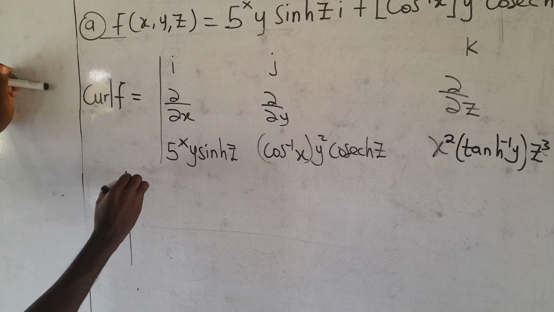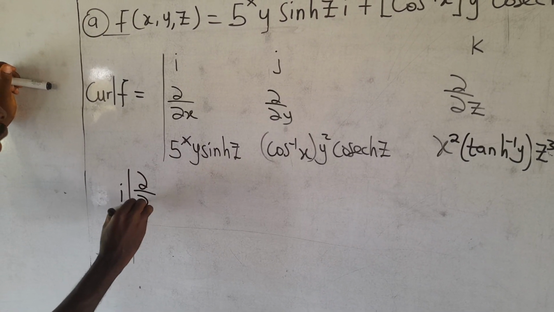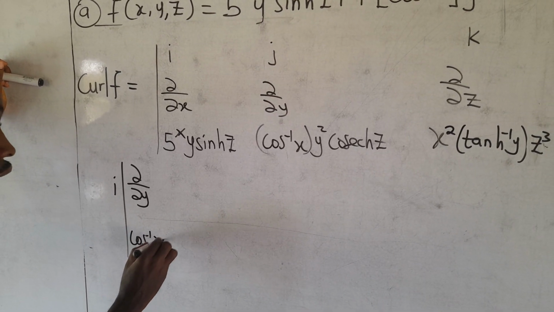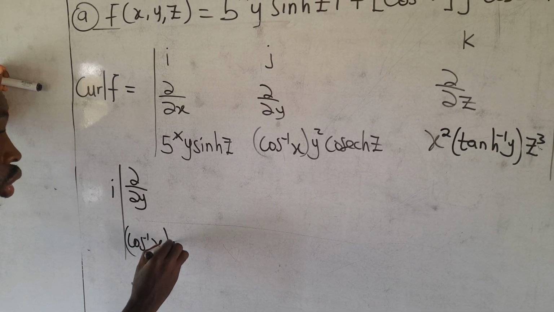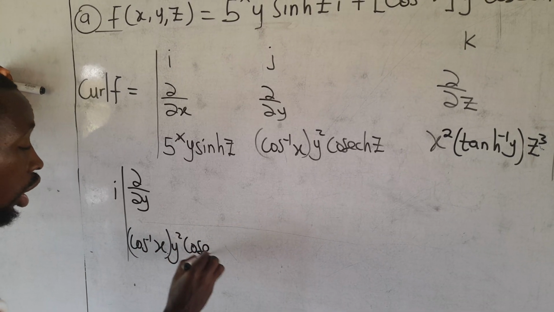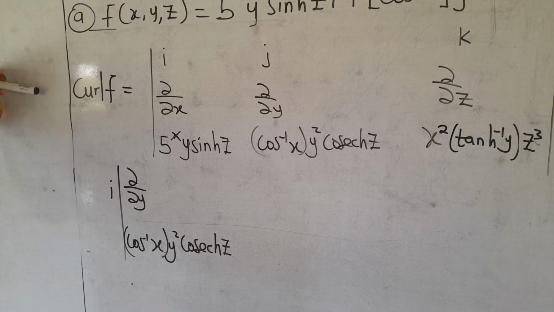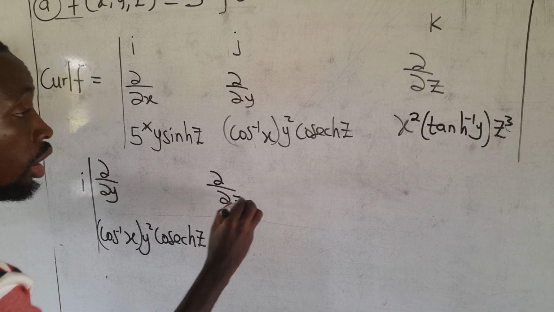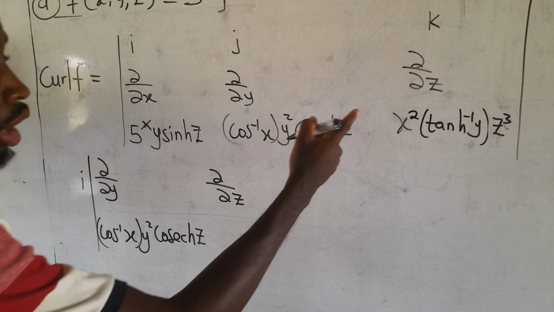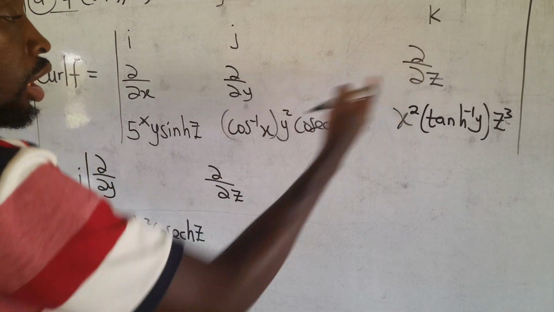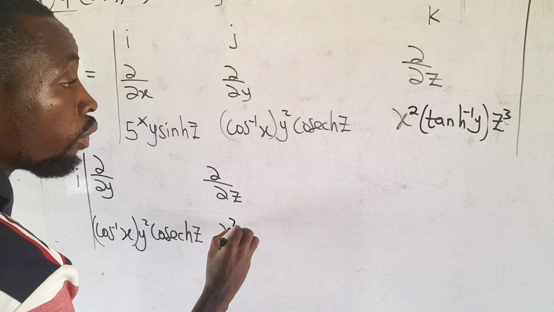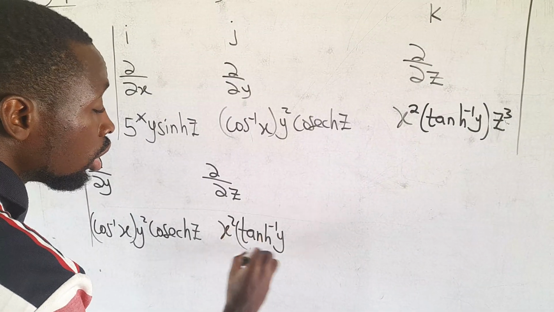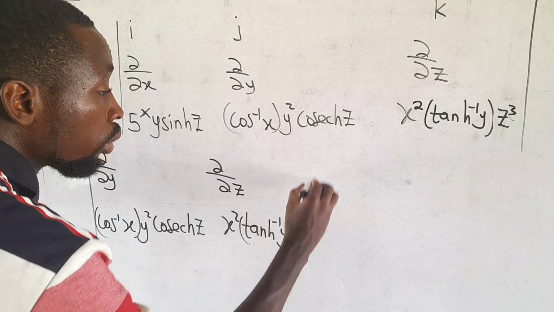And what is not under the i is del over del y, cos inverse of xy squared cosec z, then del over del z, x squared tan inverse of y z cubed.